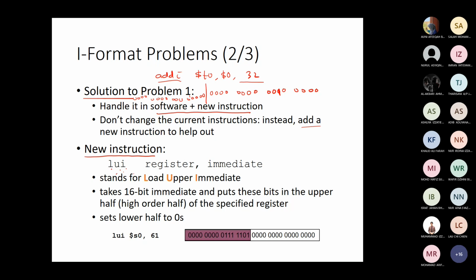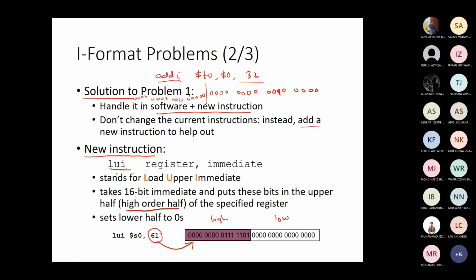It takes a 16-bit immediate and puts these bits in the upper half. So when you use the LUI command, the value will be put on the upper side, the high order half. This is the high order half, and this is the low order half.